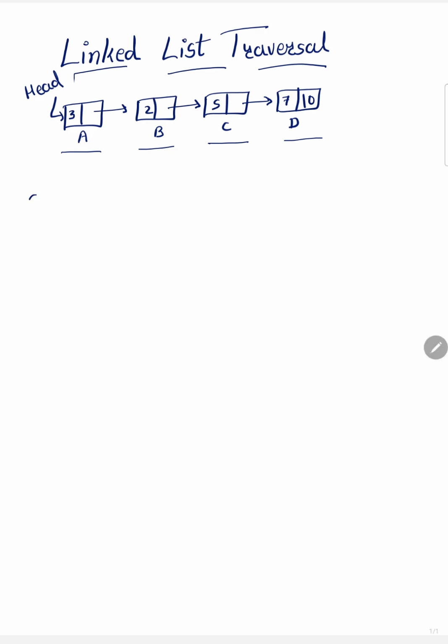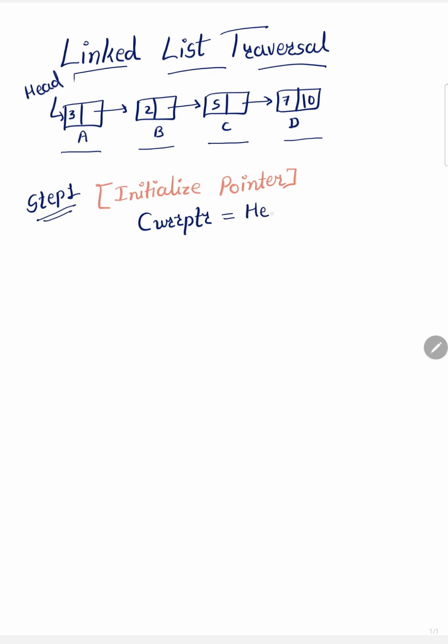For traversal, step one is that we require one pointer. Let us say we have a current pointer. So the first step is to initialize the pointer. I'm taking one pointer called current pointer and initializing it with the value of head.